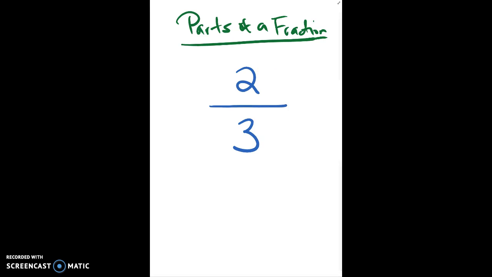There are actually two parts to a fraction. There is the number on top, and there is a number on the bottom. The number on top is called the numerator, and the number on the bottom is called the denominator.